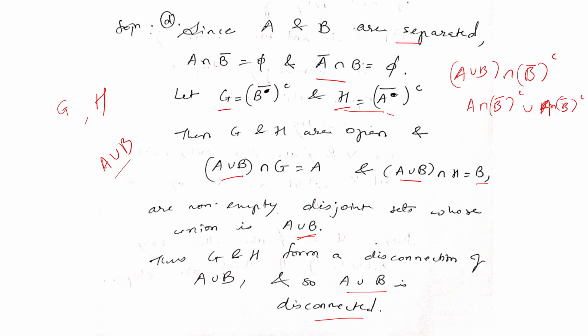Sorry, here A intersection B closure's complement. That was correctly written. Yes, it is A intersection B closure's complement union B intersection B closure's complement. So what will you get? Just check what you are getting.